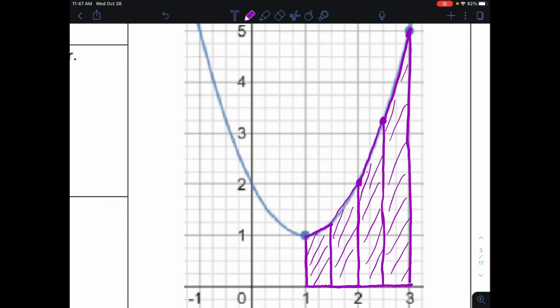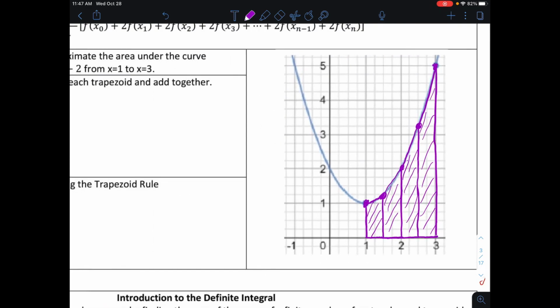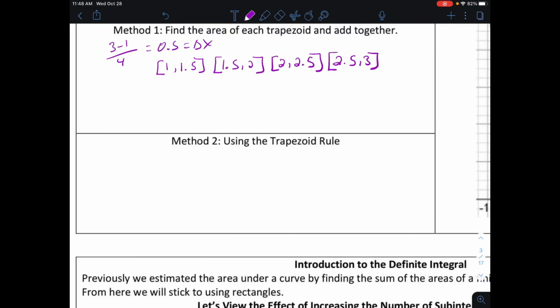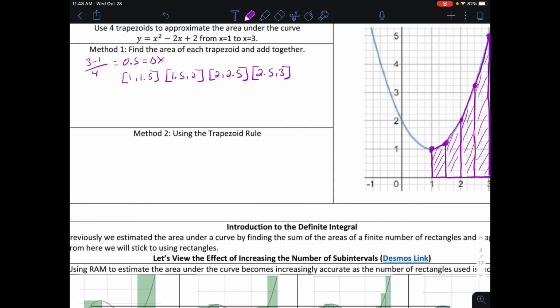So what we want to do is find the individual height of each of these trapezoids that we have, and we're going to write it out and add them together. All right, so we're basically looking at these individual subintervals. Now for me it makes it a little easier to write it out, but you also have your picture here.